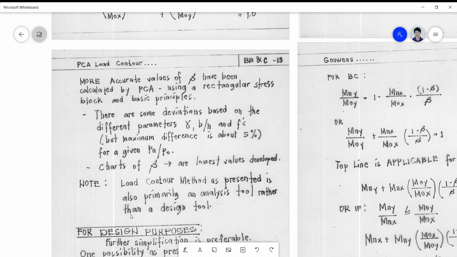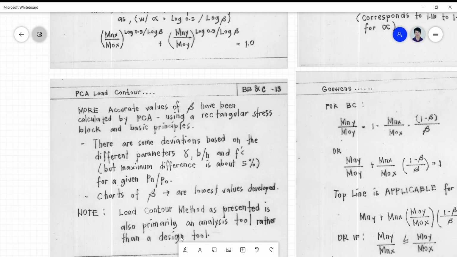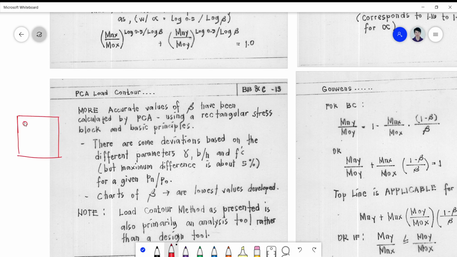So if you have here a column with a reinforcement like this, gamma is simply this x over this y. Okay, so gamma is simply x over y. So when x is very small, then your gamma is very small, then your column becomes inefficient.